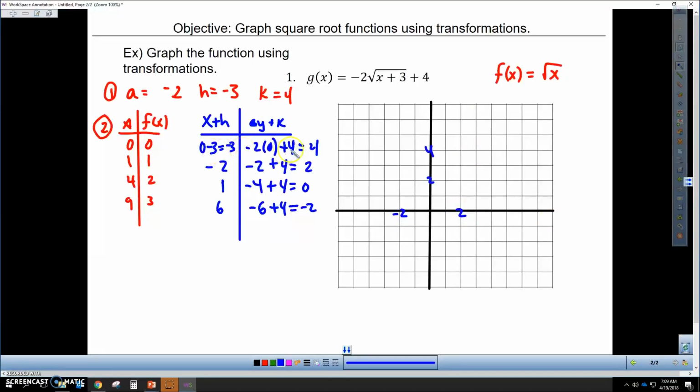My first point is (-3, 4), then (-2, 2), then (1, 0), and (6, -2).